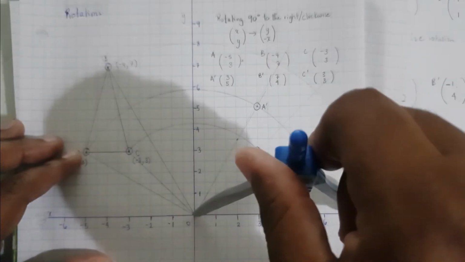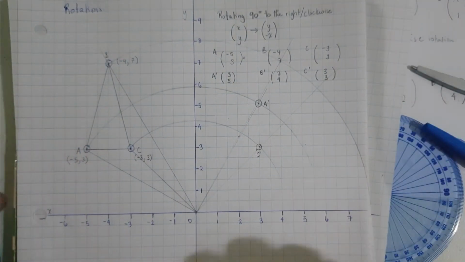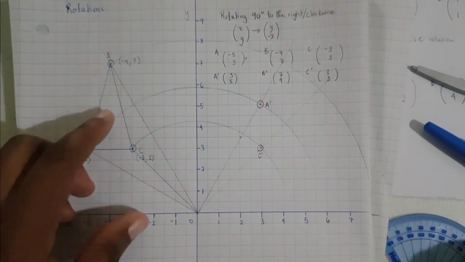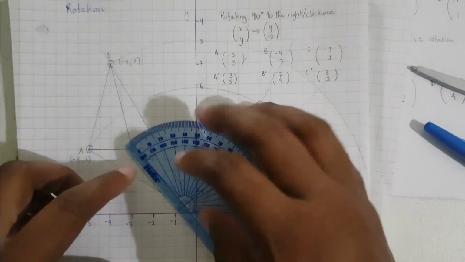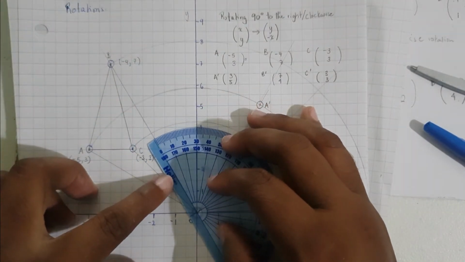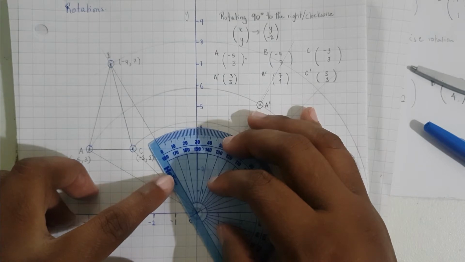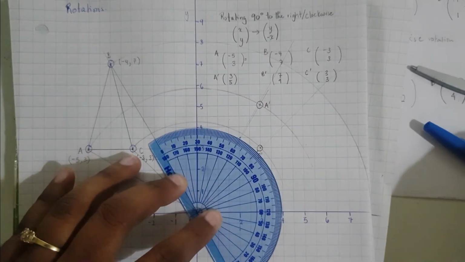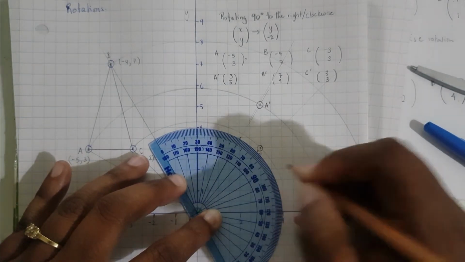I'm gonna make it right around because I forgot to draw my line. So starting from B, I'm going to draw my 90 degree. I'm going to figure out 90 degrees from the line B, and it should cross paths with, so 90 degrees is here.